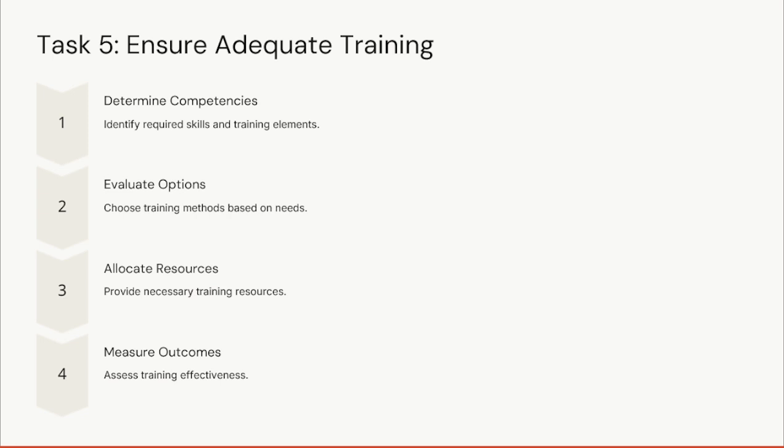Remember always to look for answers that balance the immediate needs of project with long-term benefits of the team development. Remember that effective training strategies should promote the competency, efficiency, and alignment with the project deliverables.